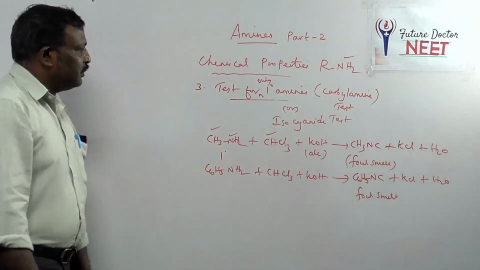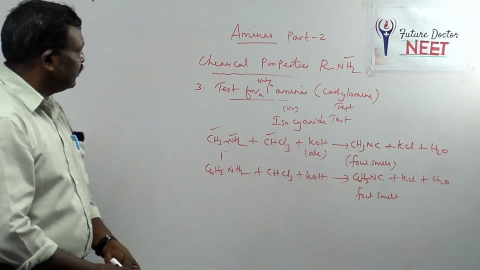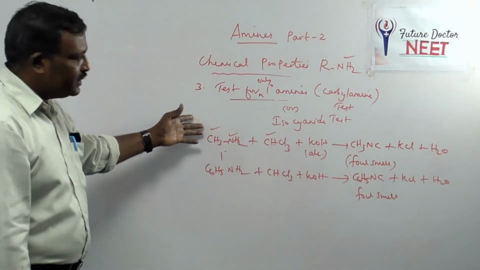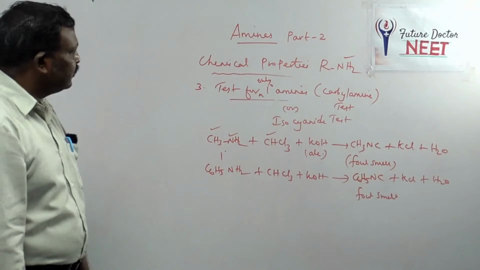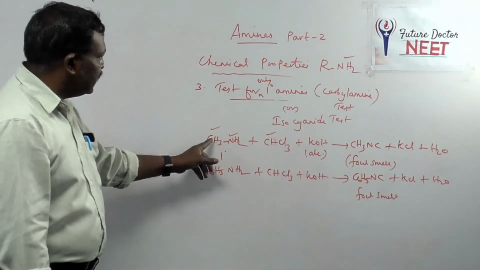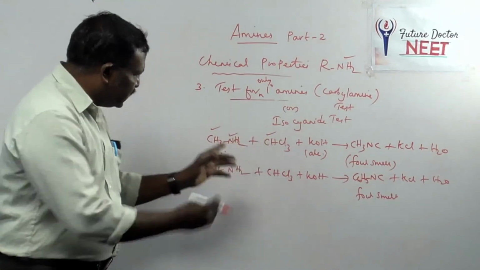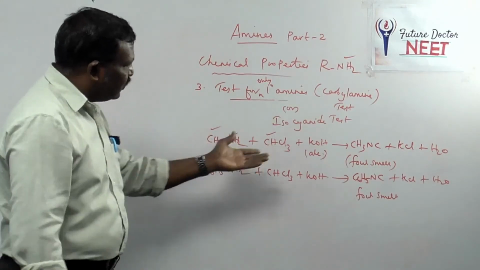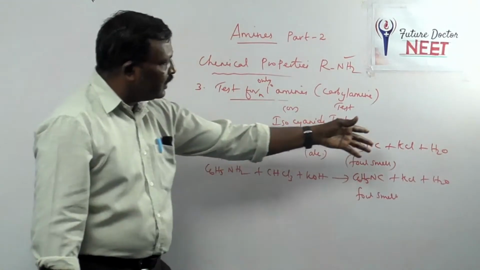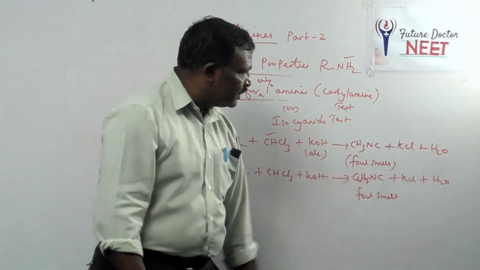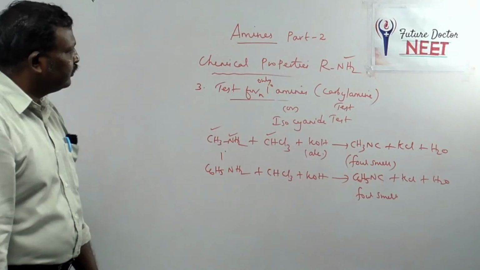Carbylamine test is very, very important. We can use aliphatic amines or aromatic amines, both. Okay. Write fast. You put CH3, then N, C. This will form a compound. Others are, simply K is there, Cl is there, so KCl. Then H2O will also be obtained.